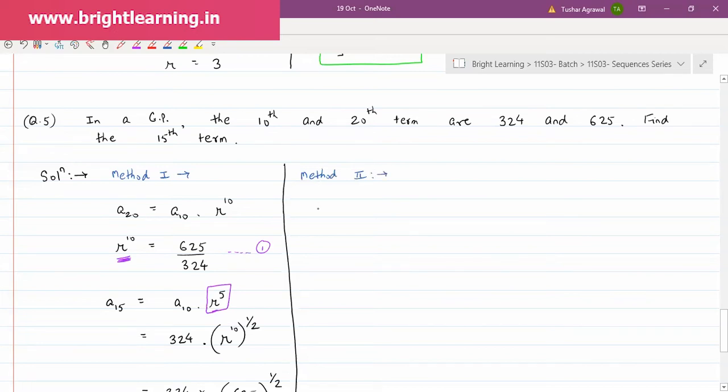Method 2. So it is something like you have A10, A11, A12, A13.